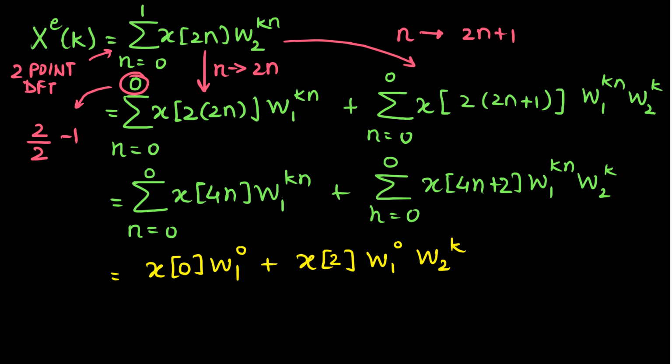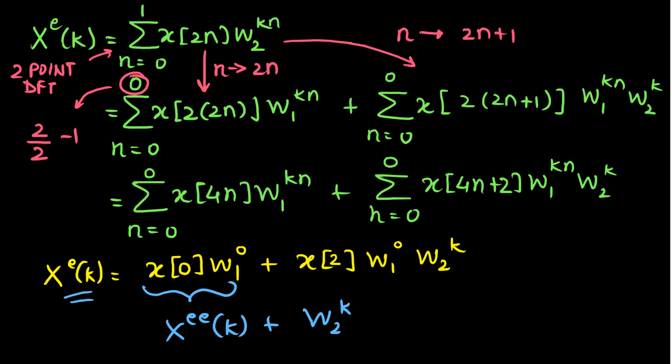So the even part, X even of k, can be written like this. Now what we can observe is this is the even part of this, Xe of k, so we can just write it as X even-even of k plus this W2 to the power k as it is, and this part can be written as the odd part of this X even, so it can be written as X even-odd of k.